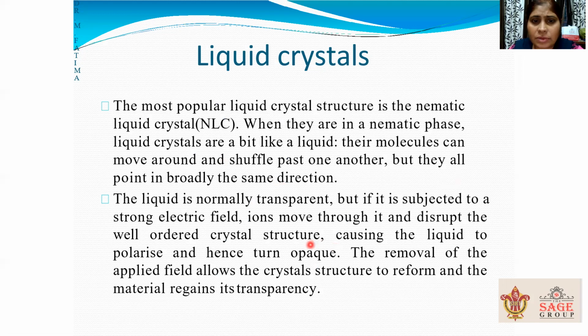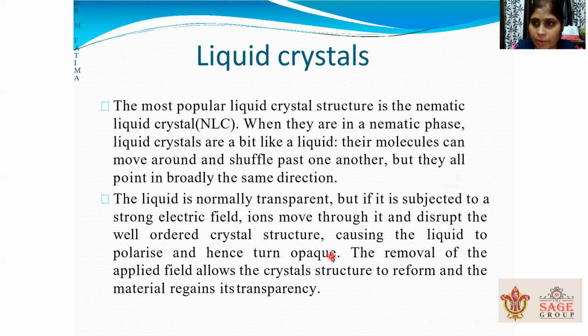Liquid crystals are normally transparent, and the nematic type is normally transparent. But if it is subjected to a strong electric field or voltage, the molecules disrupt the well-ordered crystal structure, causing the liquid to polarize, and hence it turns opaque.